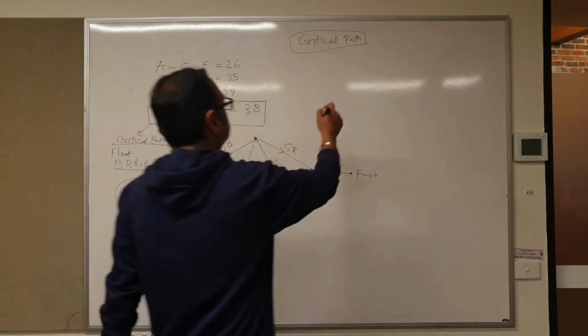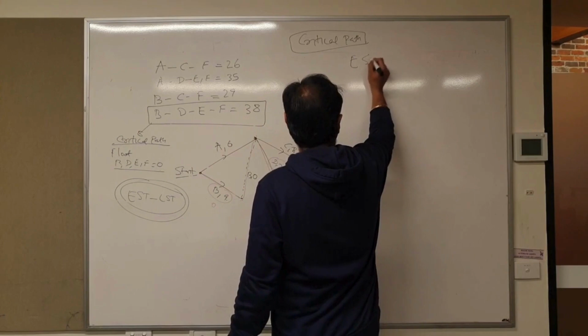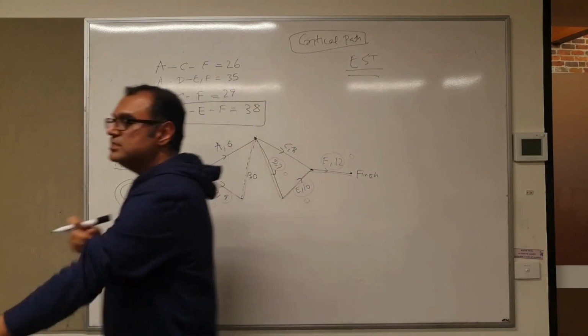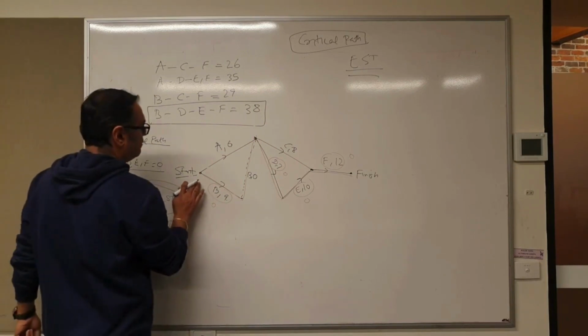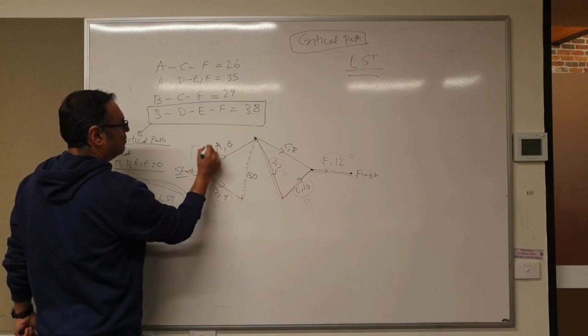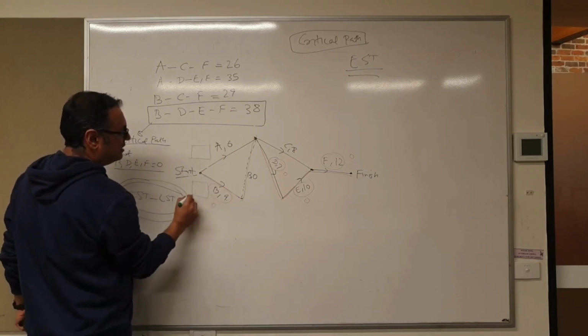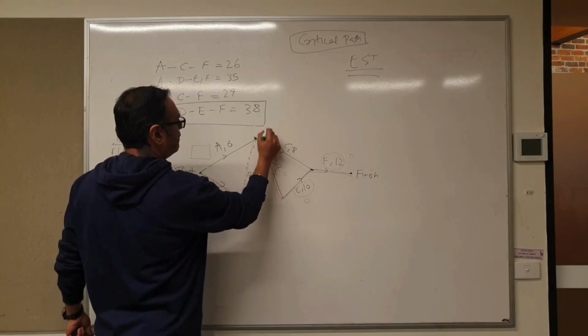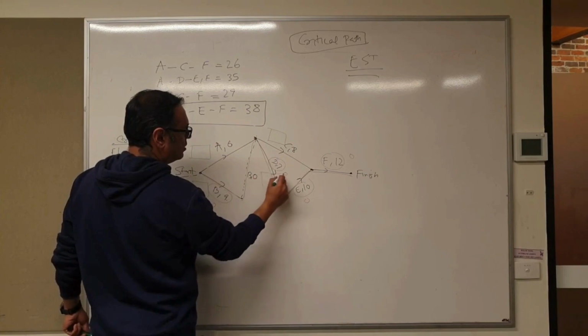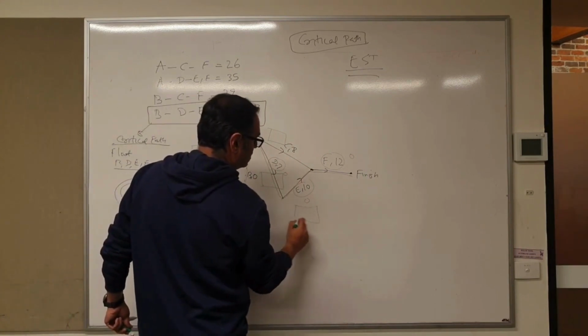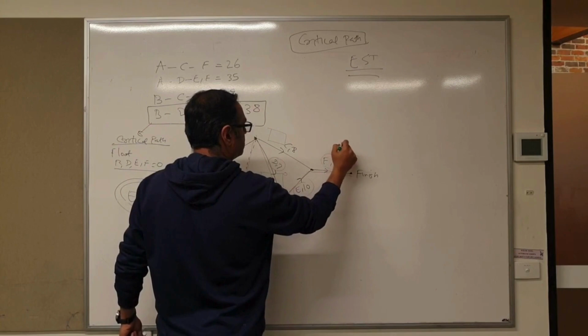Now, EST is the earliest start time. What we do is we make a small little box for each activity. For D, you've got a box here. For E, you've got a box here. For F, you've got a box here.